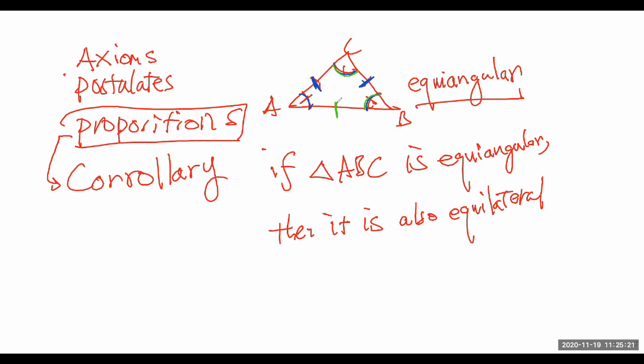So therefore this side is also congruent to this side. So that means all sides are congruent, which is the definition of equilateral. So this is the reason we call this a corollary: we can use the proposition we have proved, and it's just the logical extension of that proposition.